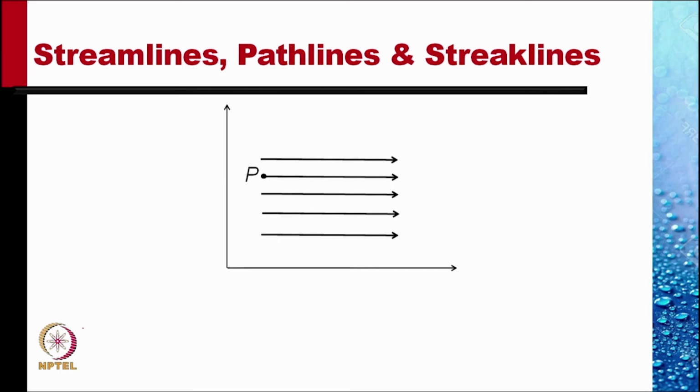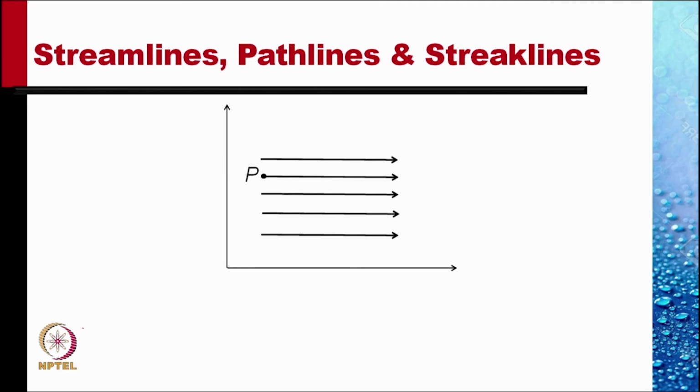Let's explain these differences between streamlines, path lines, and streak lines once again. Let us consider a point P in a flow field where the flow is from left to right. So the streamline would look like these arrows, black arrows from left to right.